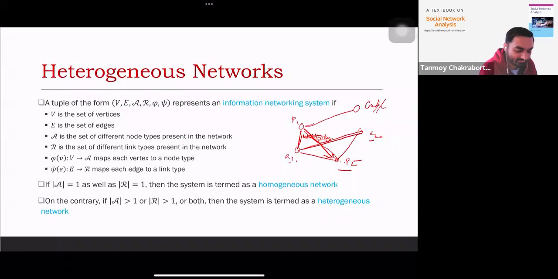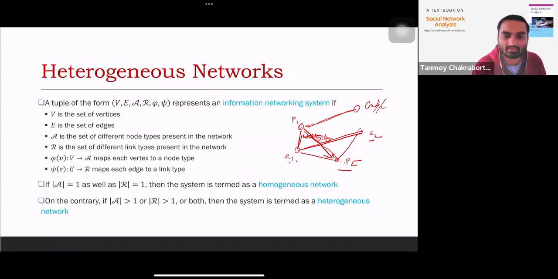It basically indicates that this particular paper has been published in this conference, and so on and so forth. You can make it complicated. You can keep adding different types of nodes here. So we have seen in this case node heterogeneous and edge heterogeneous.